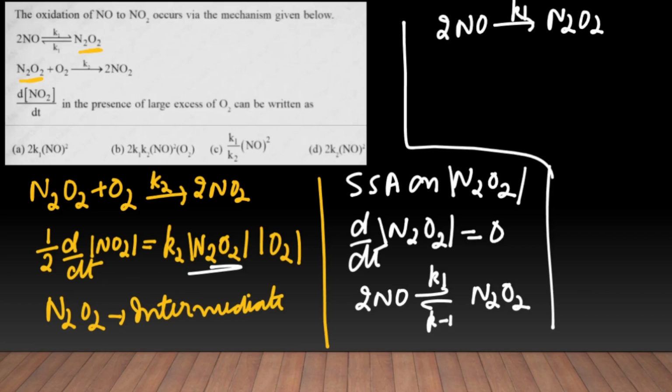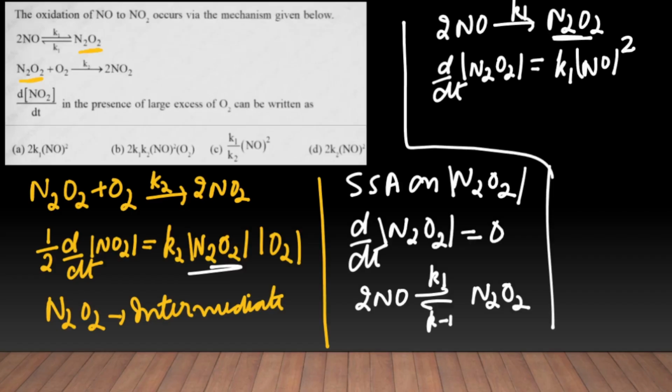This is happening, so d[N2O2]/dt will be equal to k1 times [NO]^2, right? And in the second reaction, N2O2 giving us 2NO, this is with the rate constant k inverse.